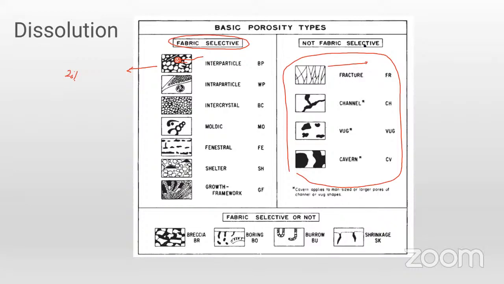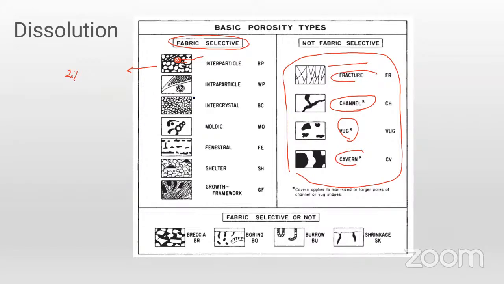They are not fabric selective. It means that it affected both the matrix and also the grains. In carbonates, channels are one of the important types of porosity. They are larger than vugs, fractures, and cavernous porosity.